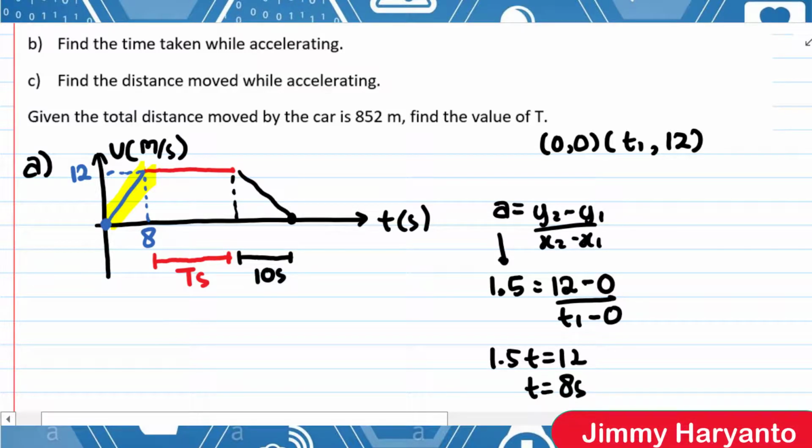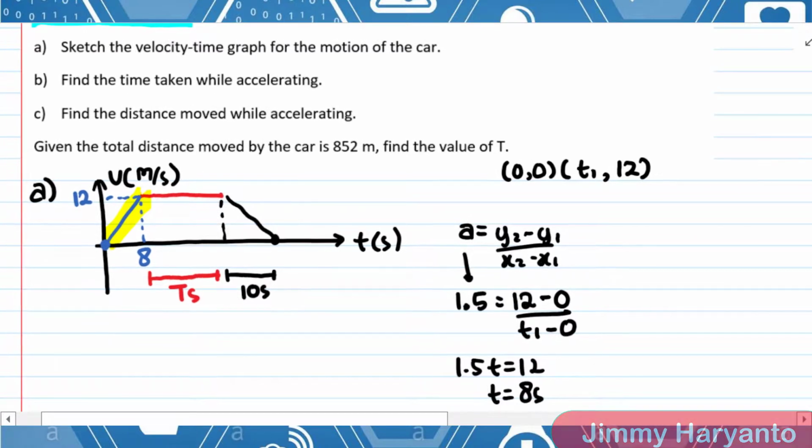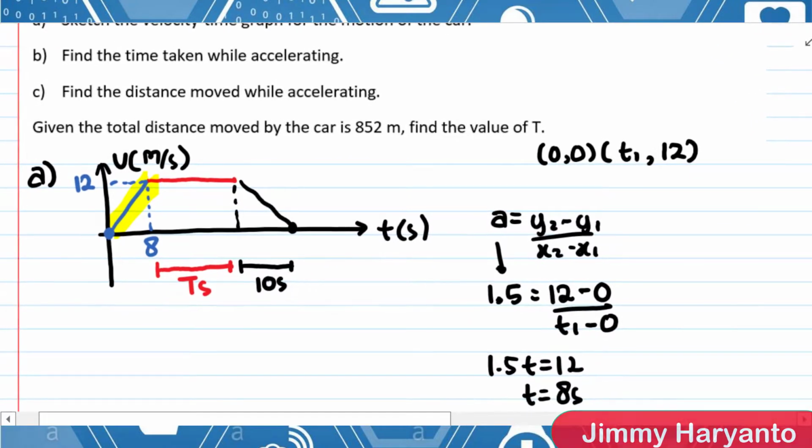And now it's time for us to find the distance moved while accelerating. Oh no, the question wants you to find the distance first. The distance while accelerating means we have to find the distance covered from the first motion.